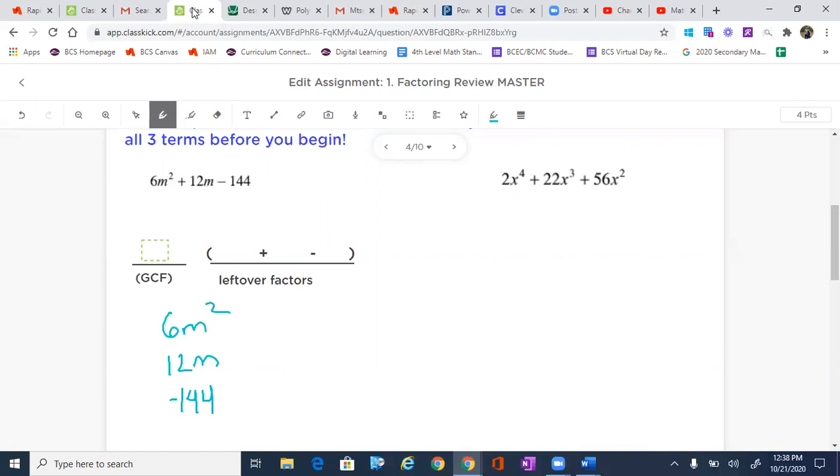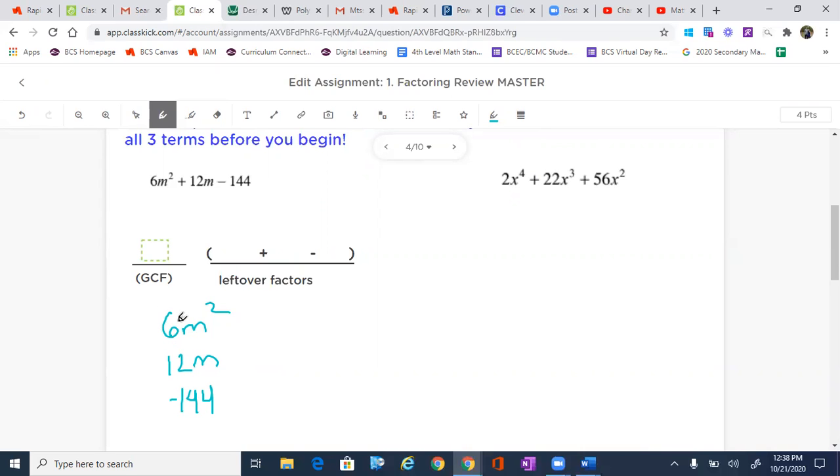We really just need to find out what will divide 6, 12, and 144. And we can break them all down, but a lot of times I like to go ahead and just check. The lowest one has the greatest common factor in it, so 6, out of 144 and 12. I know this is a negative, but I'm just looking at the value of 144.